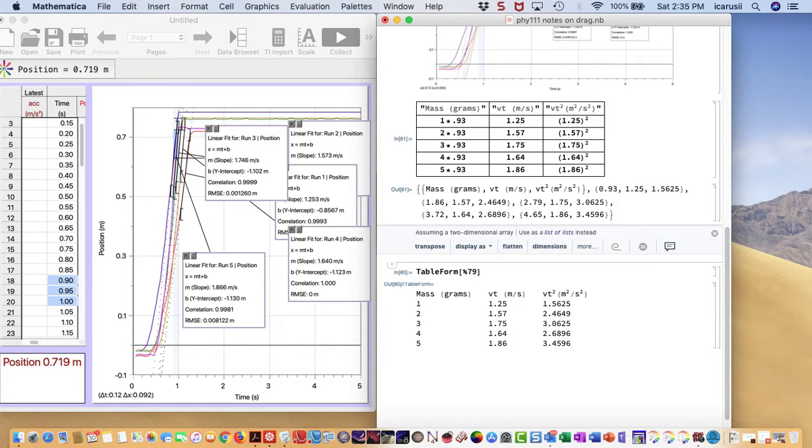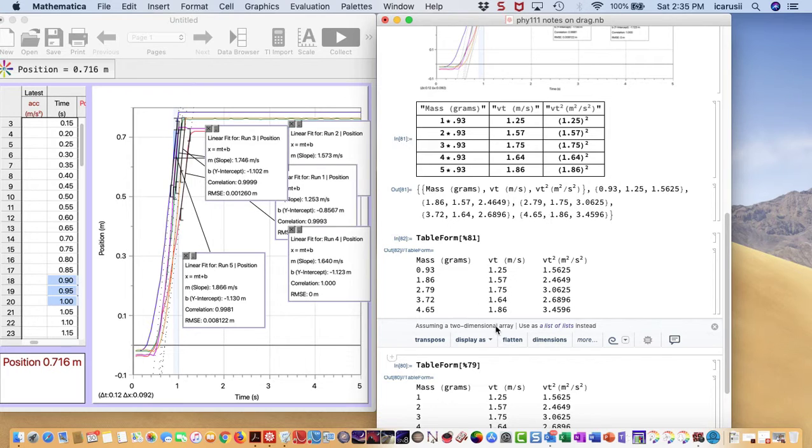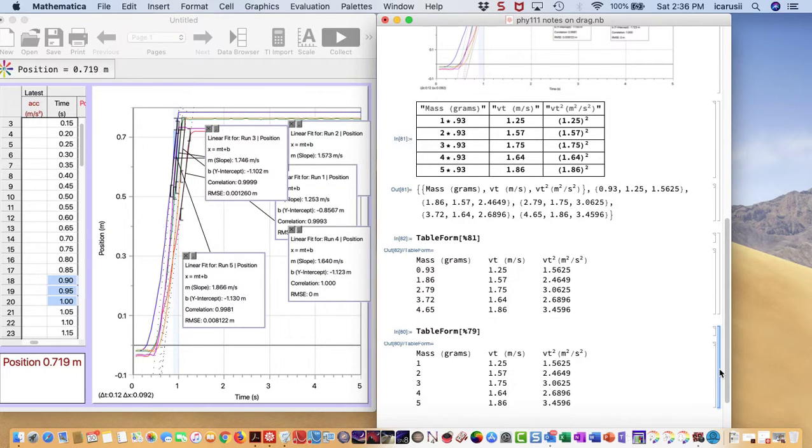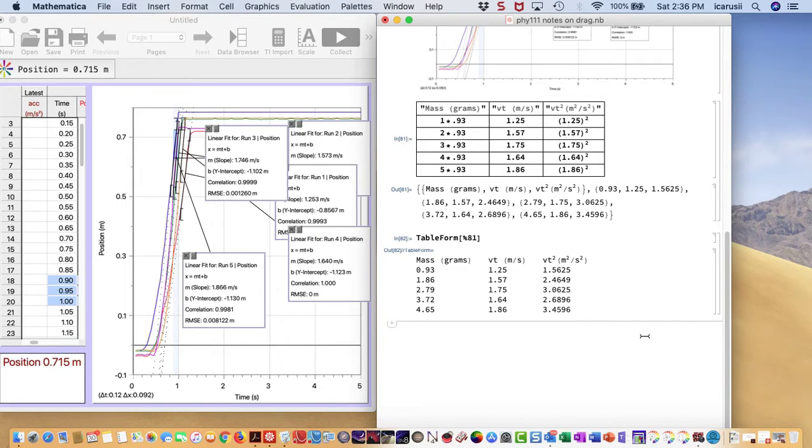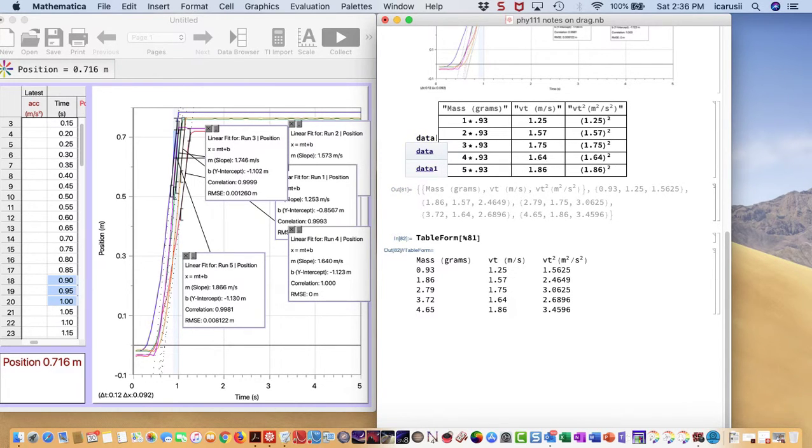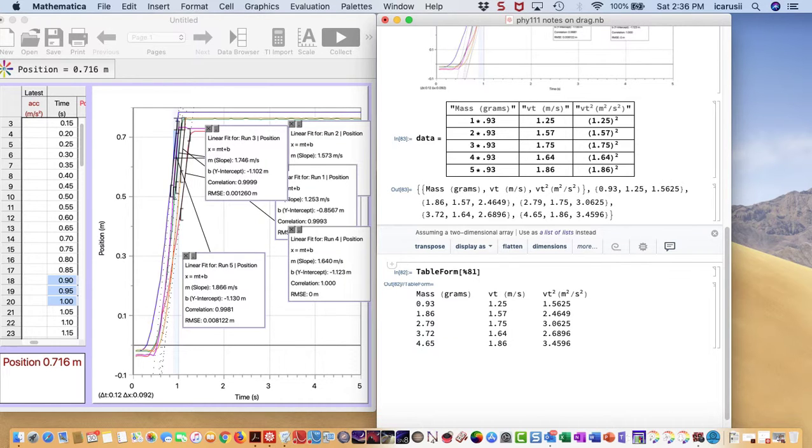So now, redo. I'll display it as a table again. And here you have it. So I'll get rid of this. There we go. And I am going to call this my data.